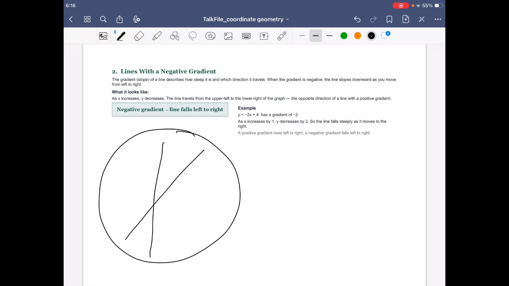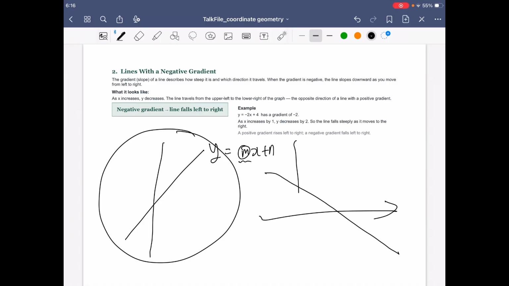So the equation would look like y equals, we usually write mx plus n, and m is positive. Then there are also other kinds of graphs like this. It goes to the bottom right side. So when x increases, in this case, y decreases.